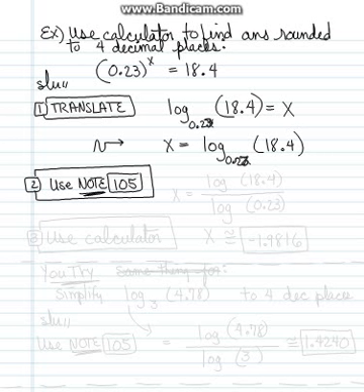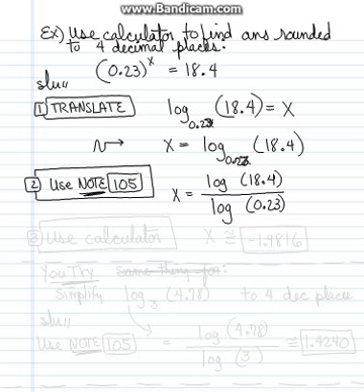So let's just choose log base 10. That means x is equal to a fraction. On the top we have log base 10, which I choose because we get to choose the base, of the number 18.4, over log base 10, the same base, of the number 0.23, because that's what we saw in note 105.